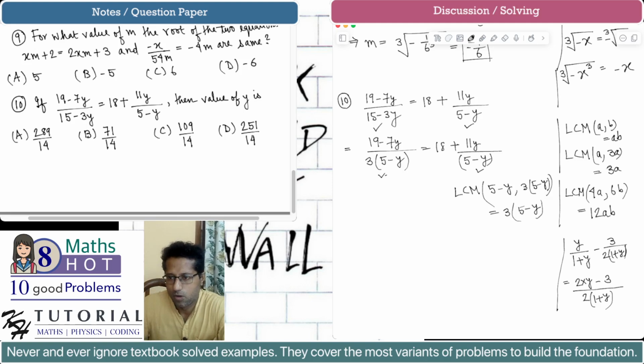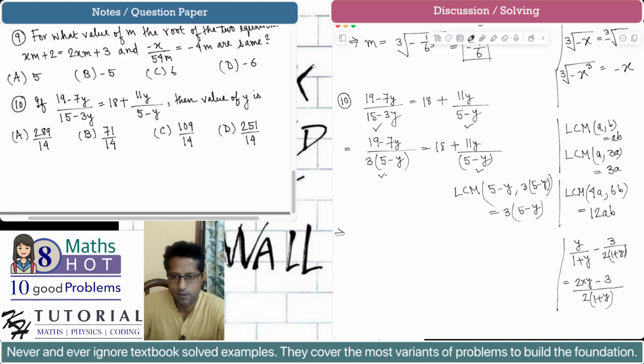So I will not bring the second rational term to the left hand side and simplify, but rather I would like to multiply both the LHS and RHS with 3 into 5 minus y, which is the LCM of the two denominators of the two rational terms.